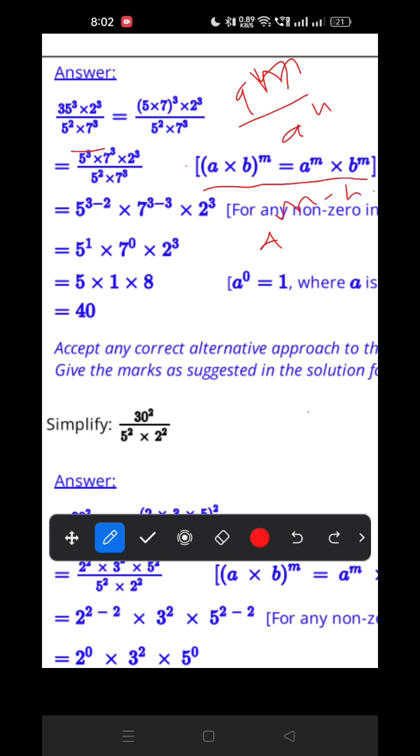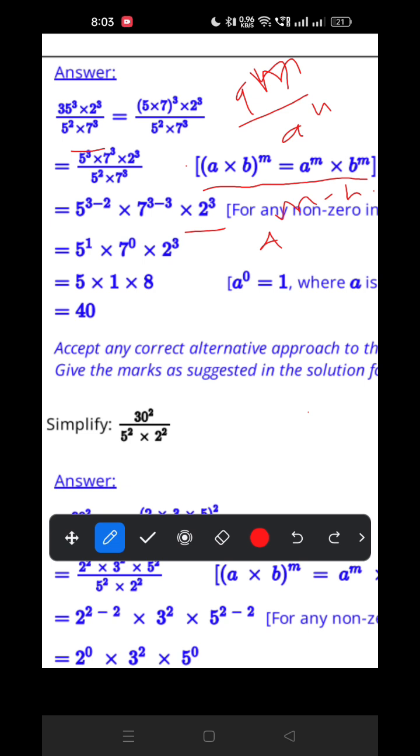By using this rule, 5 raised to cube divided by 5 square, we get 5 raised to 3 minus 2. Again the base is the same, 7 cube and 7 cube divide each other, so 7 raised to 3 minus 3. Here 2 raised to cube as it is. There is no other same base.